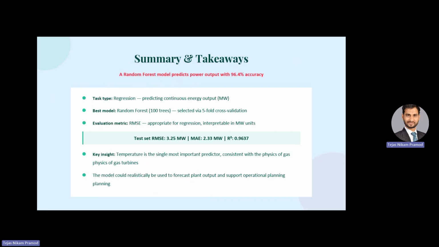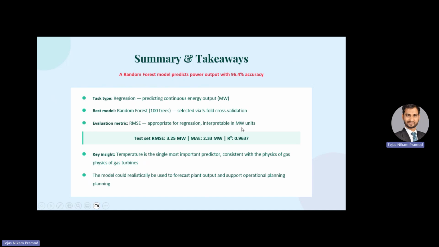And finally, here's the executive summary. We've done a regression predicting continuous energy output, again, not a classification. Random forest was the best across the five-fold cross-validation, because it had the least RMSE.